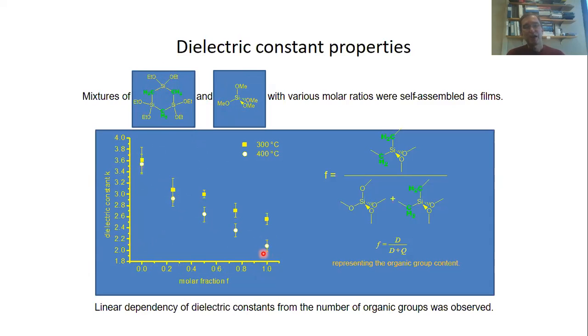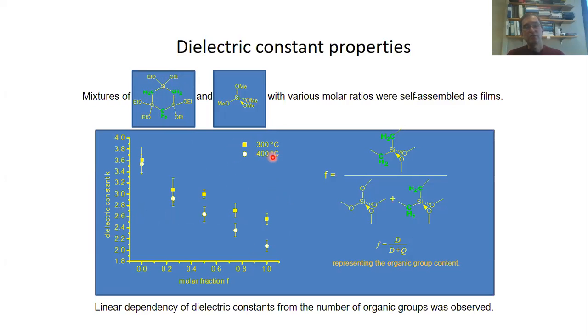And you can also see that the final dielectric constant that you can achieve depends on at which temperature you calcine your material to remove your surfactant. So at 300 degrees Celsius, the final dielectric constant for the material that is only made of this three-membered ring is still relatively high. It's about 2.5.